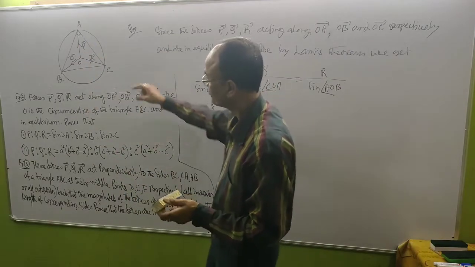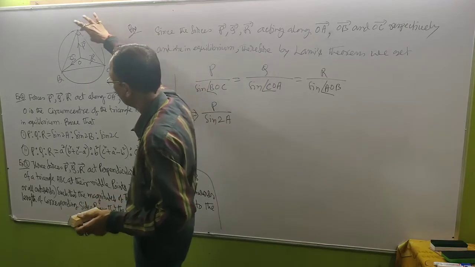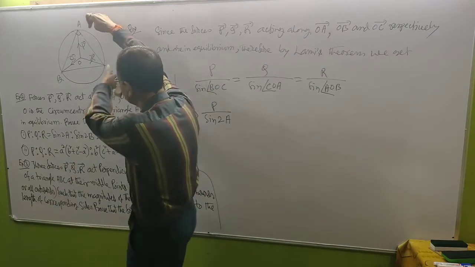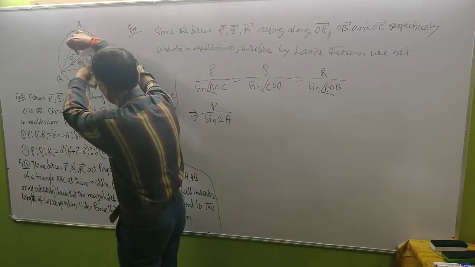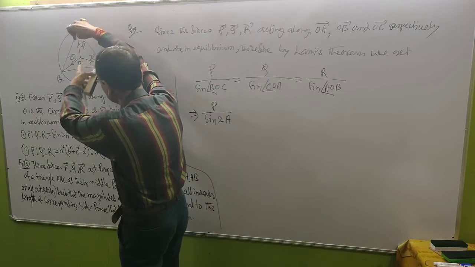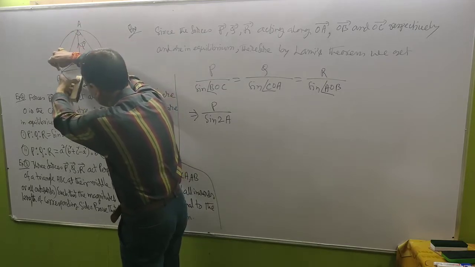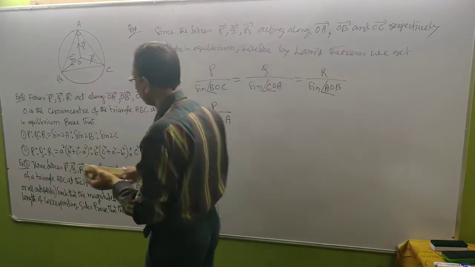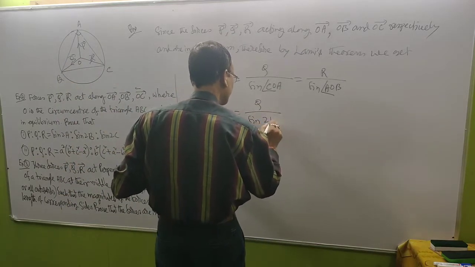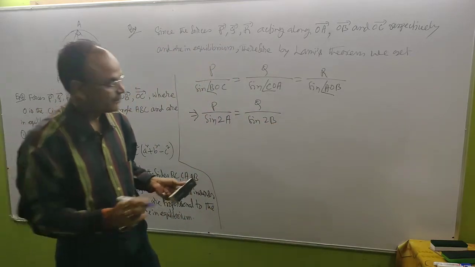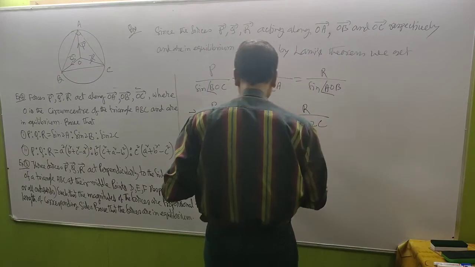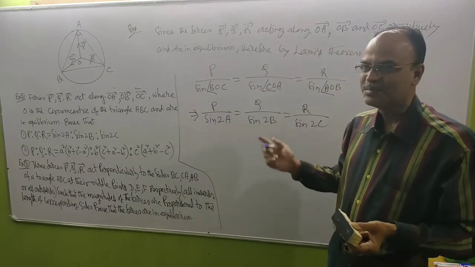Here you see, Q divided by sine COA. Under this chord, it makes the angle COA at the center and angle ABC at the circumference, so it will be sine twice B. From high school geometry, this is equal to R divided by sine twice C. It is very simple.